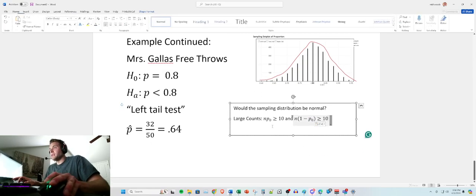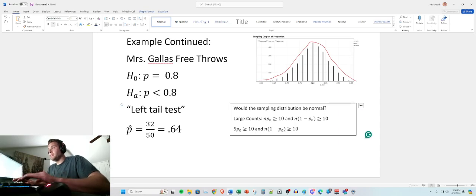Okay. And so let's see what this will end up being. So n is 50, and p sub 0 is 0.8.